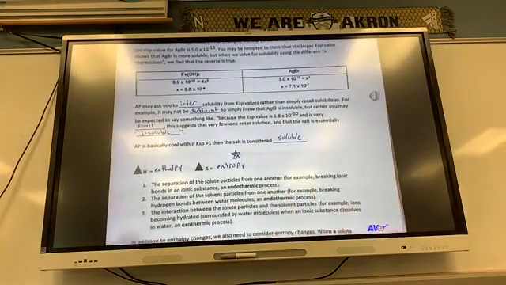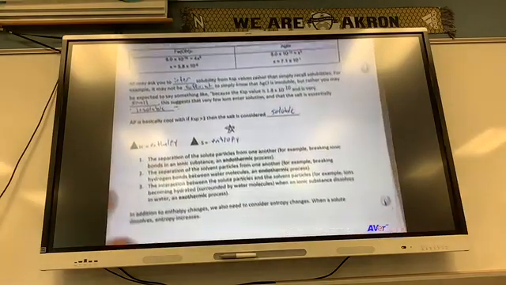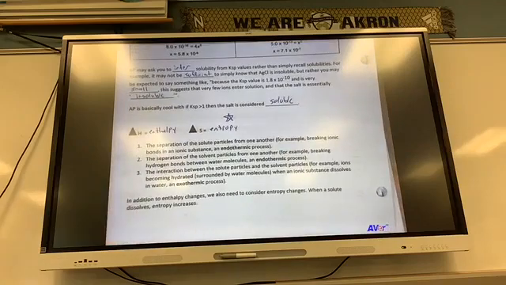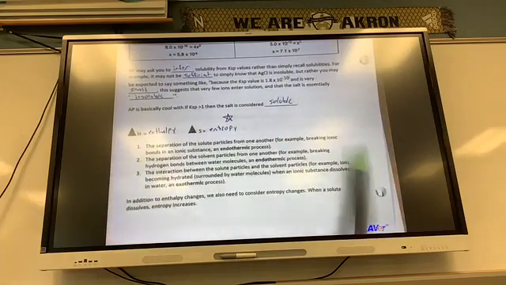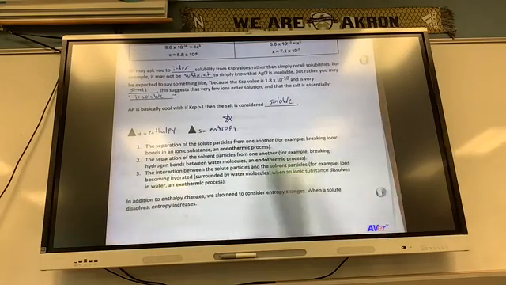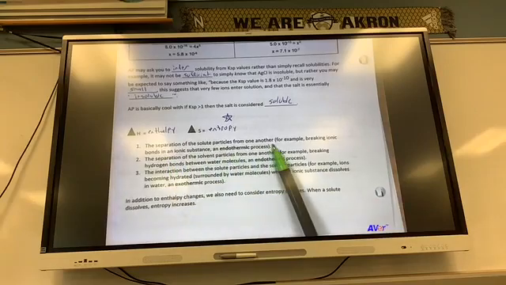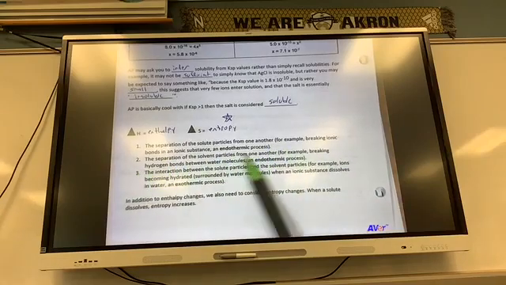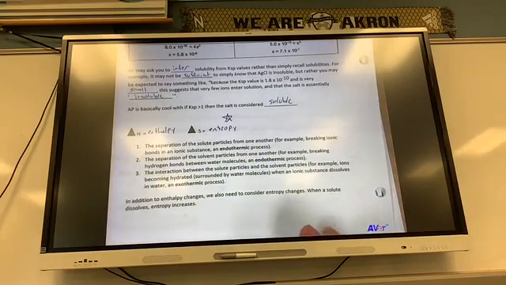We're not going to talk a lot about this yet, but I just wanted to hit it for a quick second. Entropy is disorder. We'll talk about that more in Unit 9. But I just wanted to talk about this little paragraph before we move on. The separation of solute particles from one another, if you break these up, is endothermic, right? If you're breaking it up, you have to put energy in. Agreed?